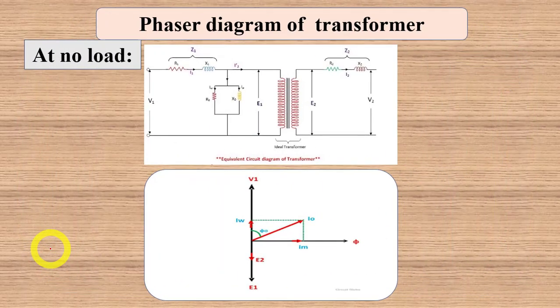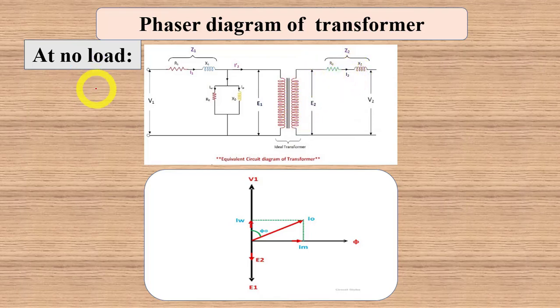Now, the phasor diagram of the transformer. There are two conditions, no load and full load. This is the phasor diagram at no load. In the no load condition, the output of the secondary winding is not connected to the load, so the I2 current passing through the secondary winding is 0.